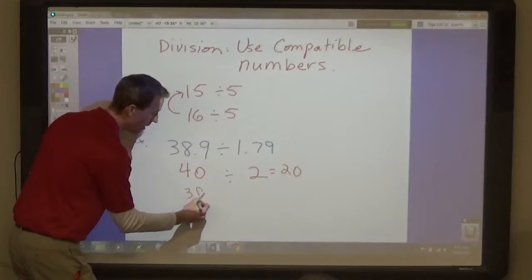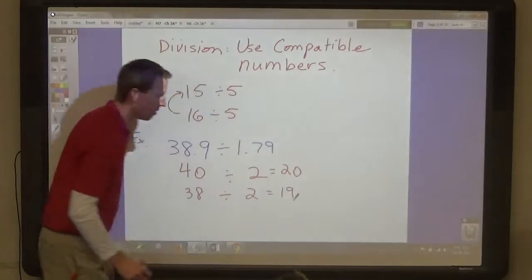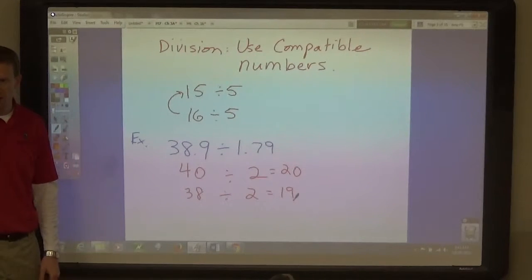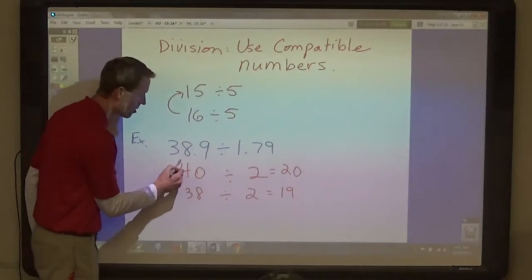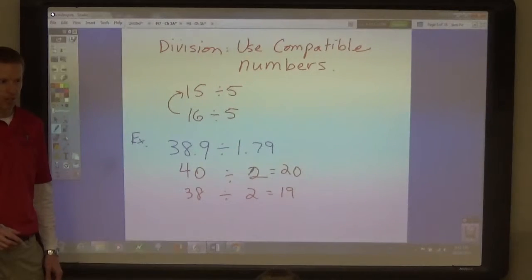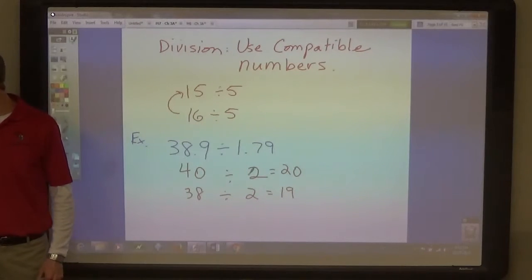Or 38 divided by 2 would work. So either of these is correct. The point is we have to choose a number that's divisible by 2. Okay? That's what using compatible numbers means.